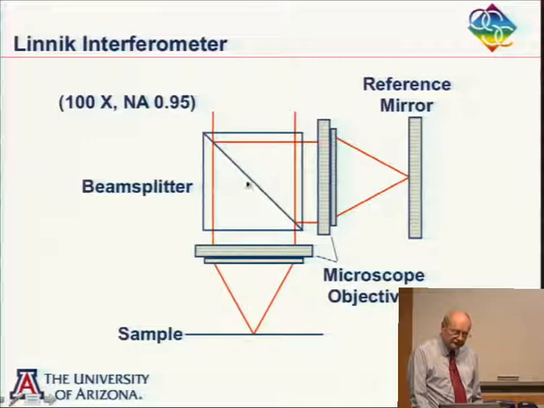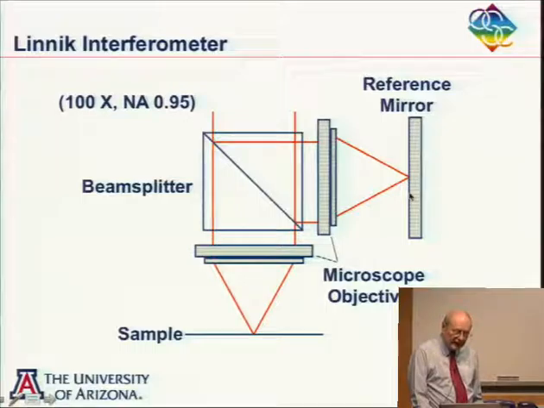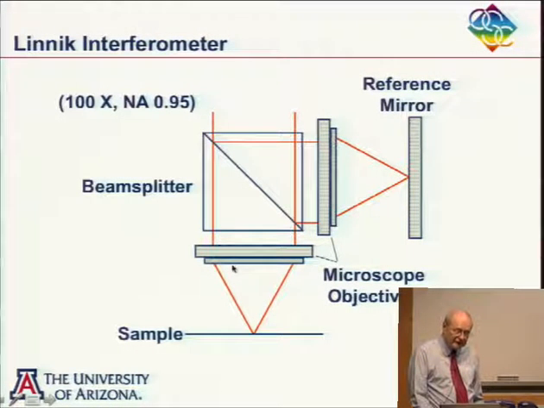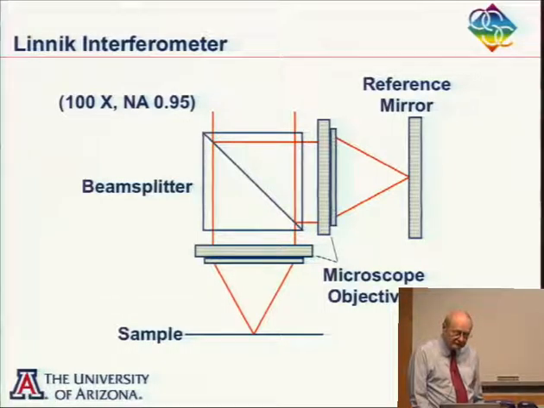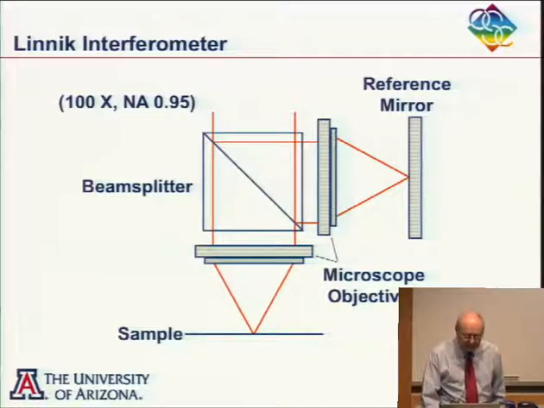So again, the idea is the paths are matched. We have the same amount of glass in both arms. And we have nothing between the objective and the sample. We don't have a beam splitter here. The beam splitter is before the objectives. And so we can make higher magnification systems here. 100x, 200x, NA 0.9, NA 0.95, high numerical apertures.